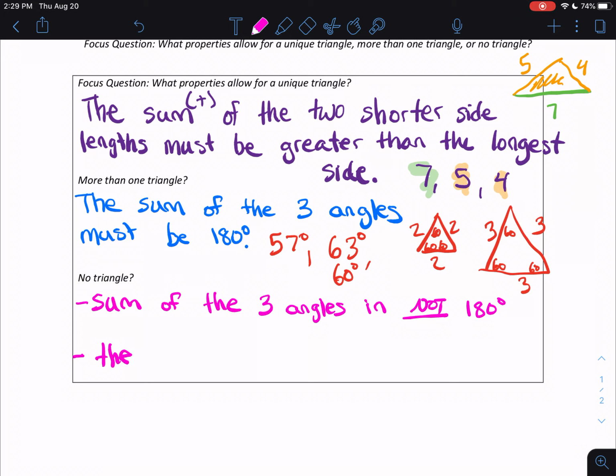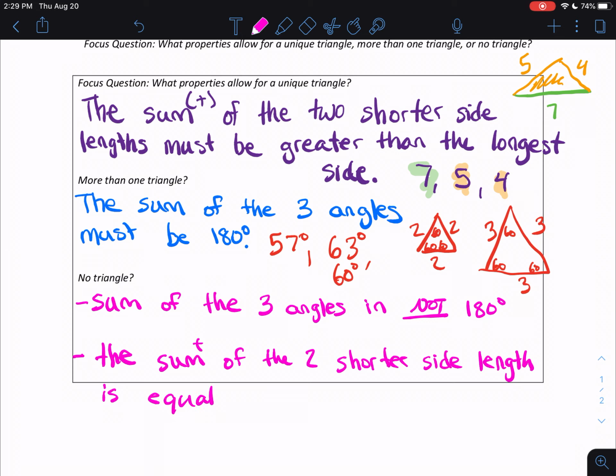If the sum, or that adding of the two shorter side lengths, is equal to or less than the longest side. I'm going to show you what that would mean.